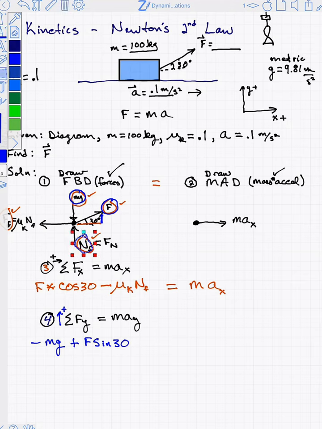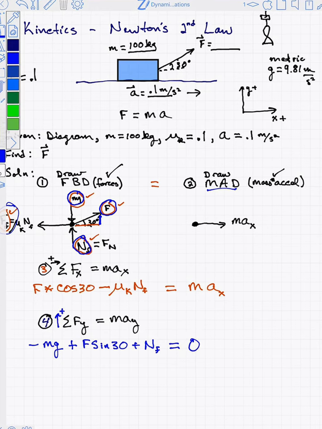Well, all of it, and it's up, so positive. And how much of the friction force is in the Y? None of it, so it doesn't go in this equation. Now we come over here to the MAD. How much of the MAD is in the Y? None of it. All right, there we go.